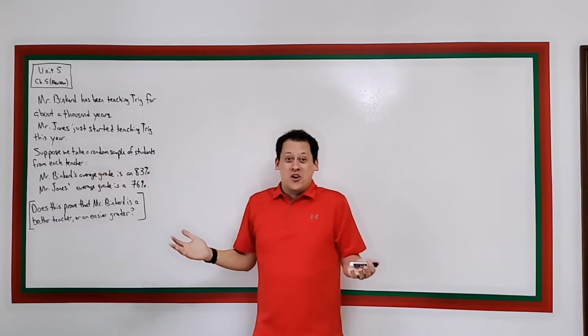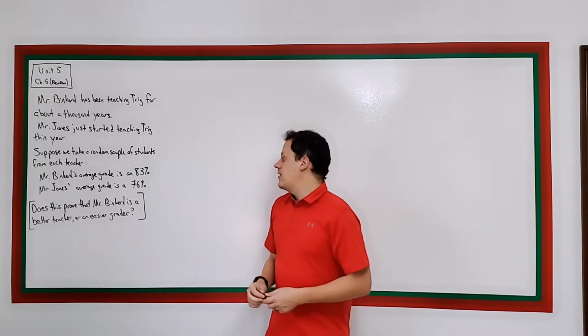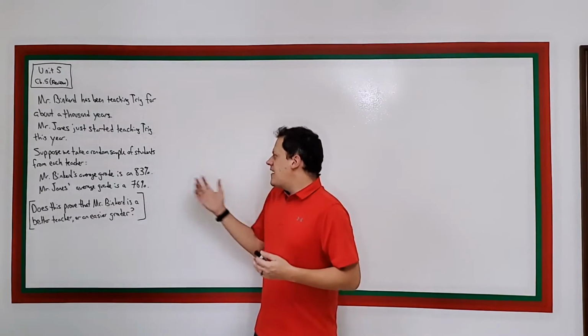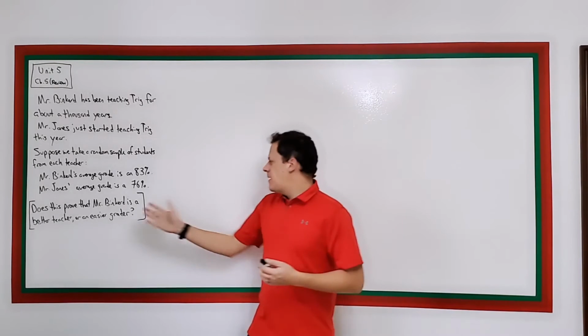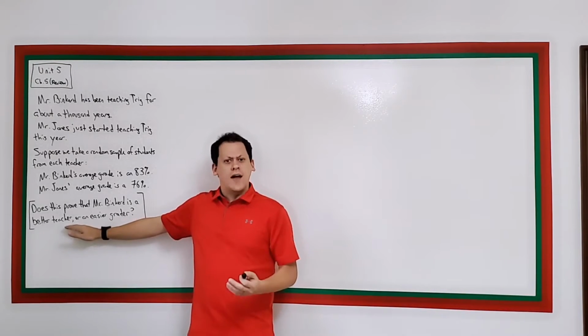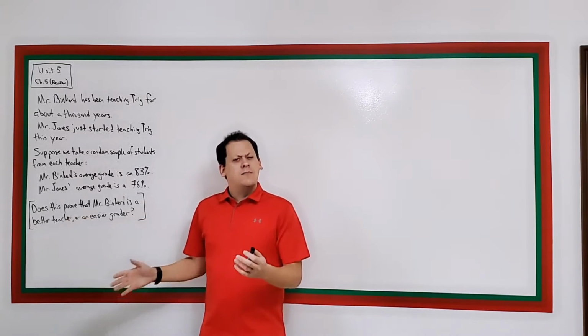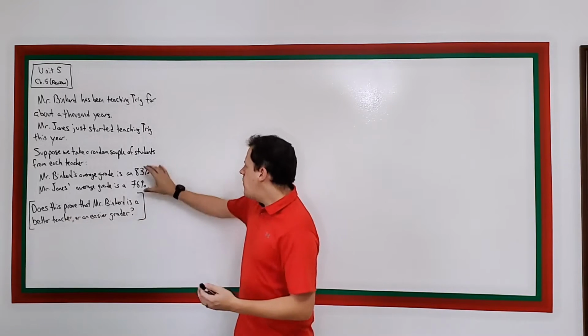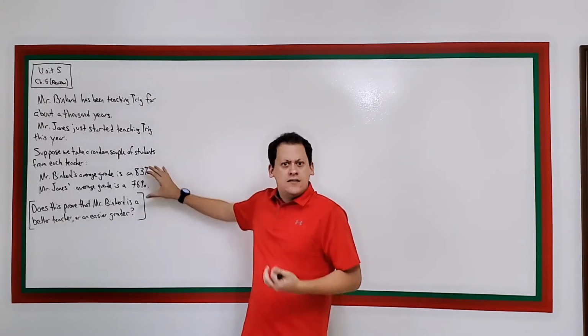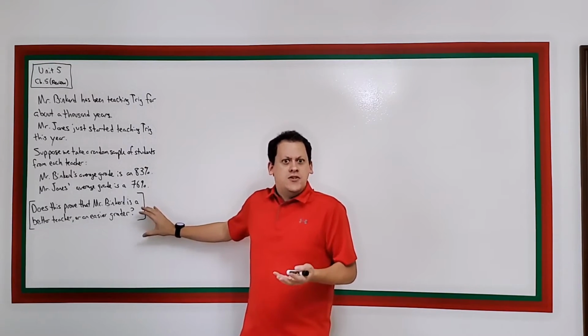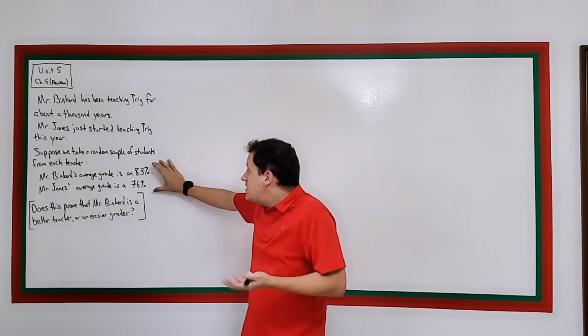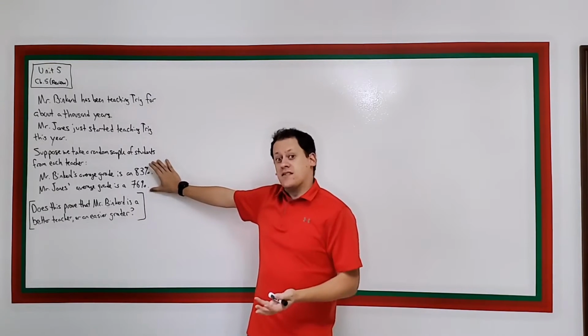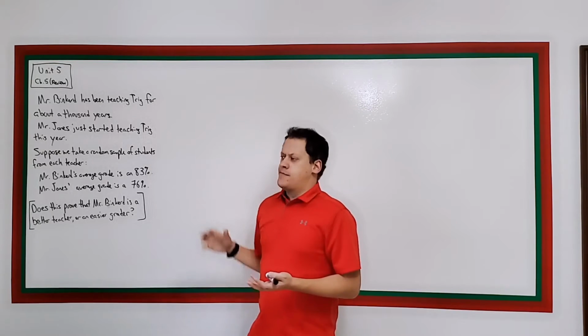We could have just taken volunteers, or something like that, right? But the fact that this wasn't an experiment, maybe we can't answer these questions directly, but you see what we're trying to get at. We want to be able to use this data to say something about these two teachers. Can we say anything based on these results?